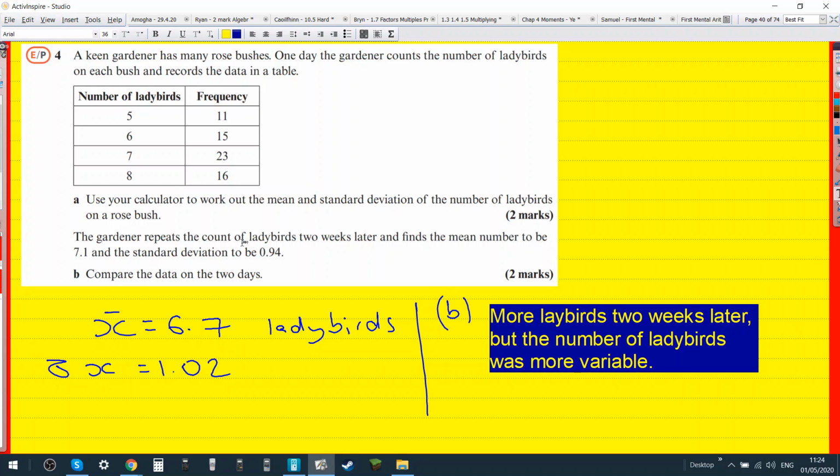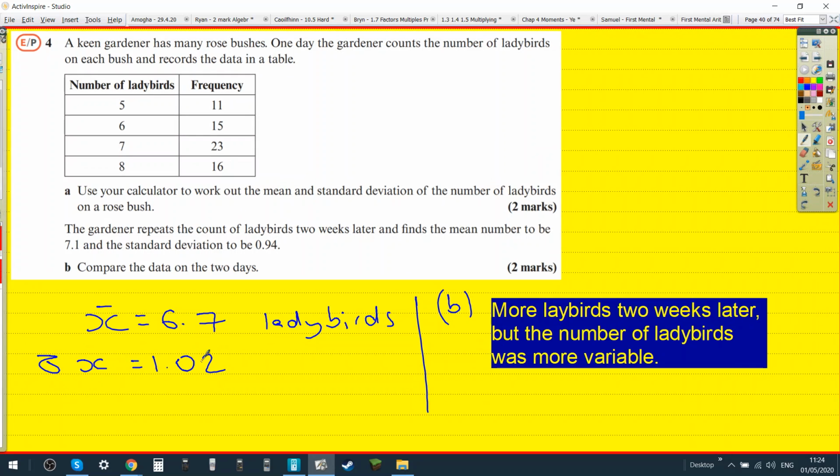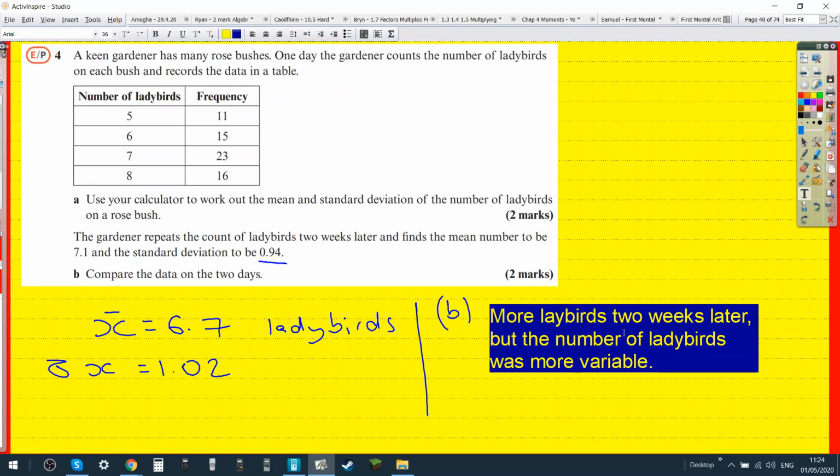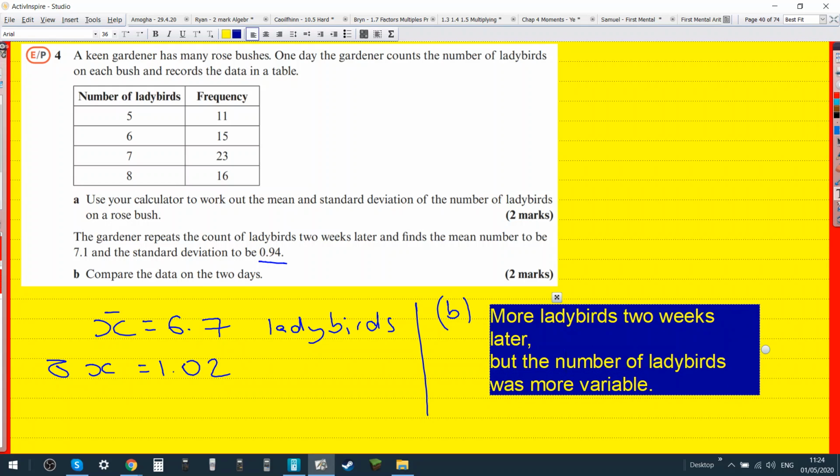So the gardener repeats the count of ladybirds 2 weeks later. So 2 weeks later, the mean had increased, but the standard deviation had decreased. It went from 1.02 down to 0.94. So more ladybirds 2 weeks later, and there was actually consistently more.